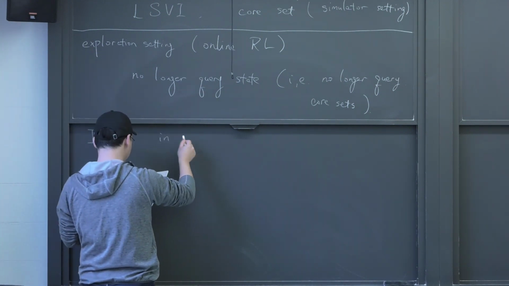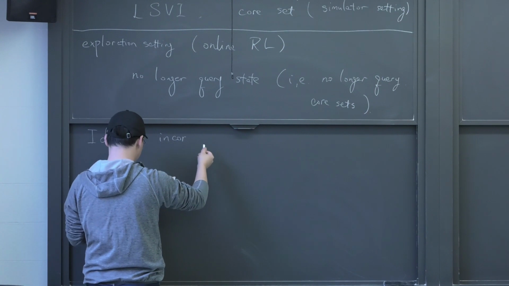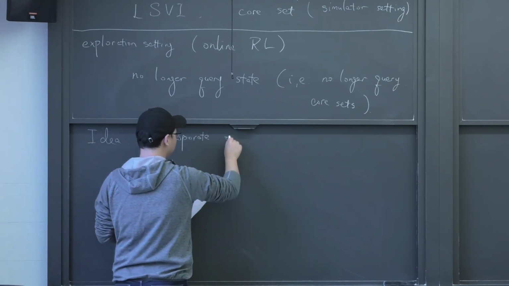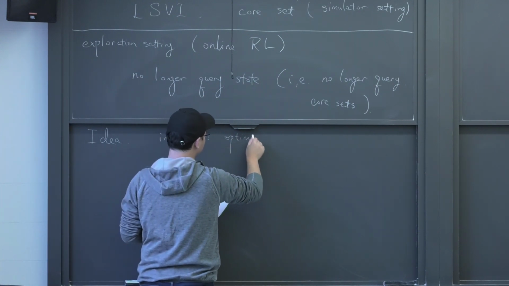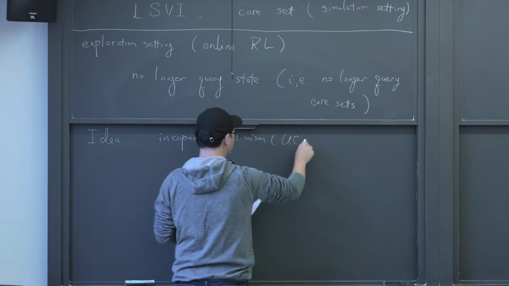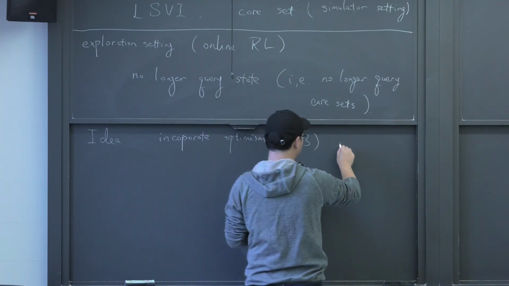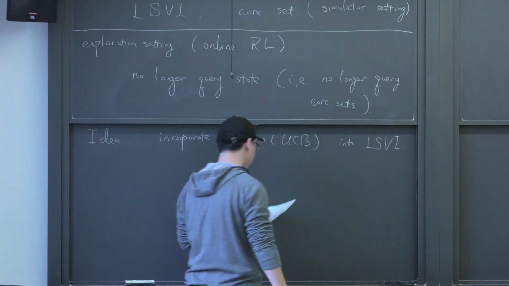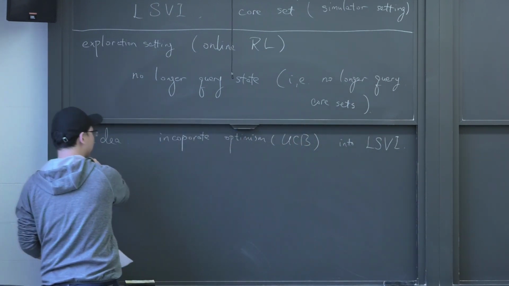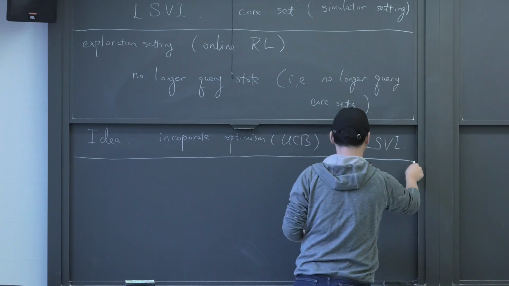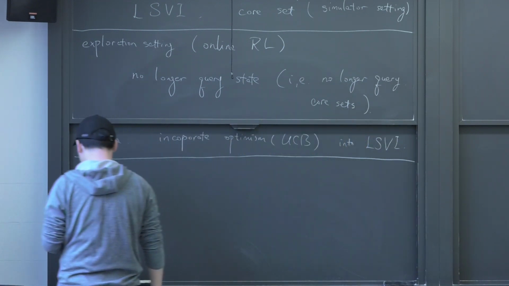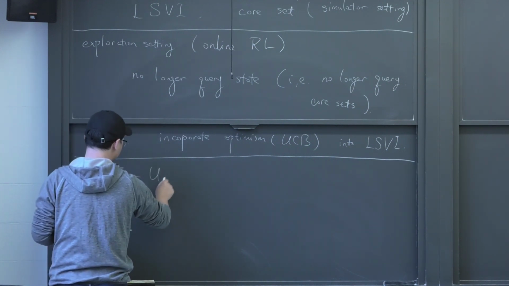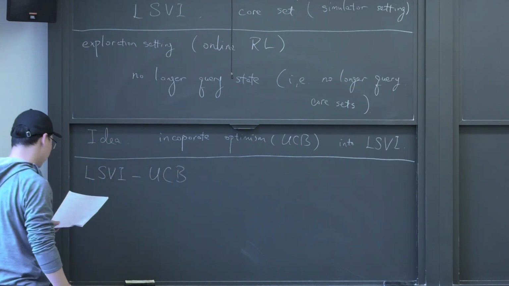So here we will try to do the same strategy, that is, incorporate optimism or UCB into LSVI. So this gives the following algorithm. Essentially, we modify the LSVI with an upper confidence bound. The algorithm is called LSVI-UCB.